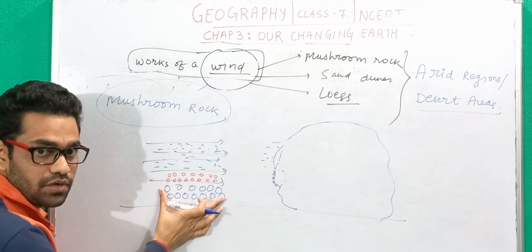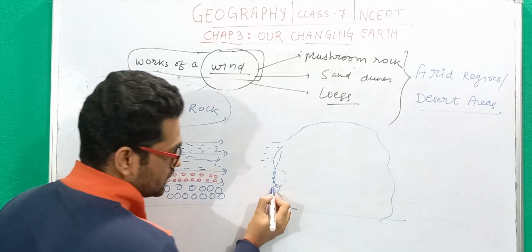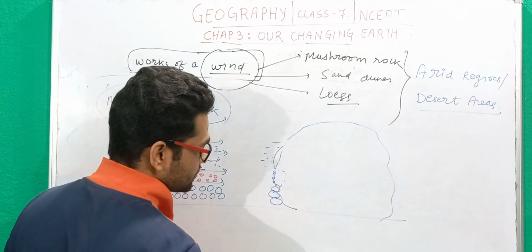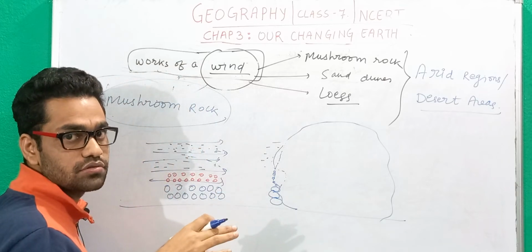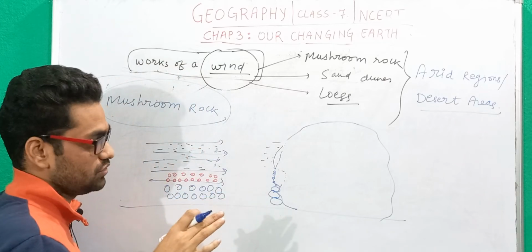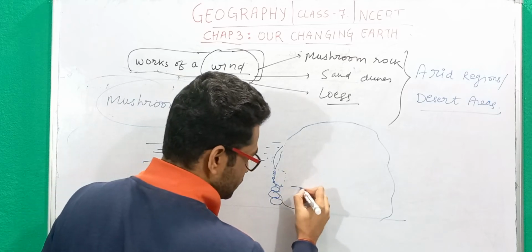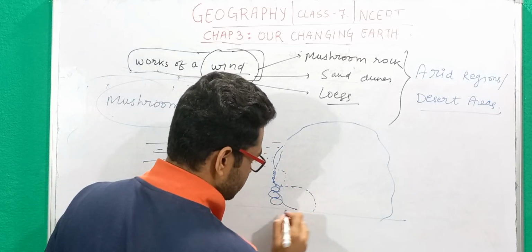Now these heavier particles are going to strike at the bottom, and it is going to have a massive impact on the rocks. You will find that this will cause a great amount of erosion.